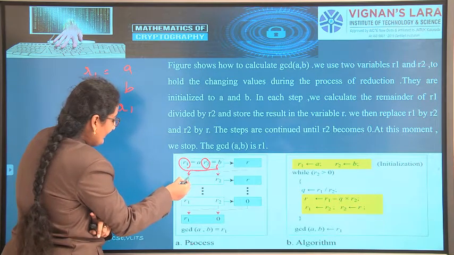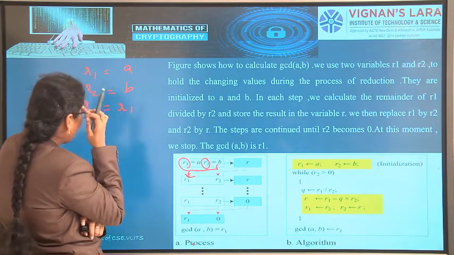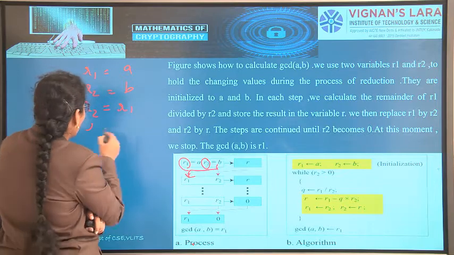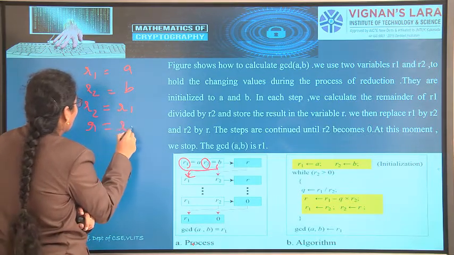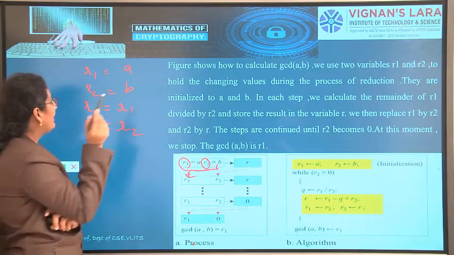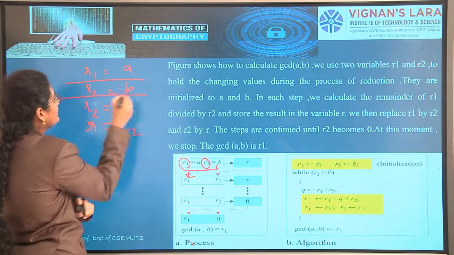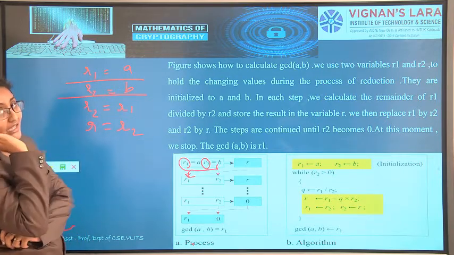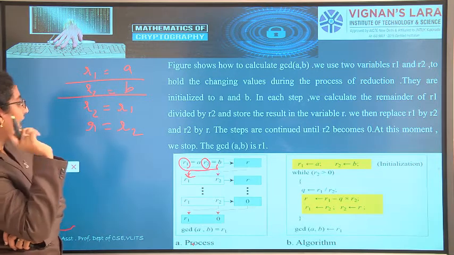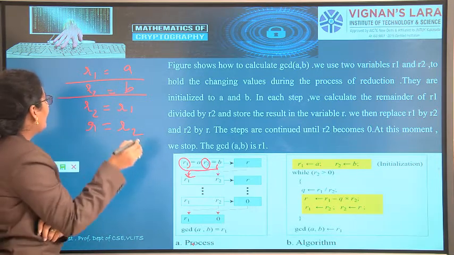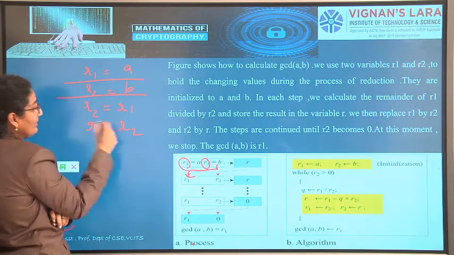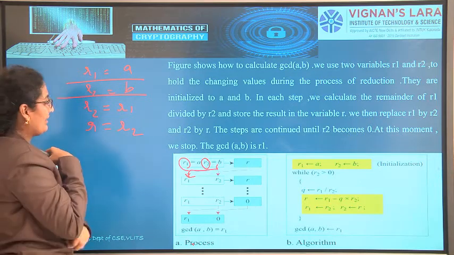The B value, R2, we give to R1, and R we give to R2. First we take two positive integers A, B, initializing A and B values to R1 and R2. Next, R2 we give to R1 and R we give to R2.